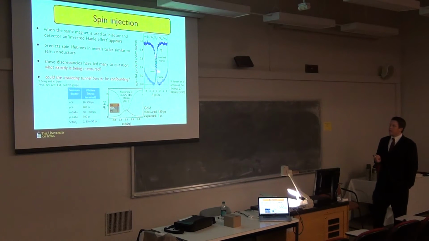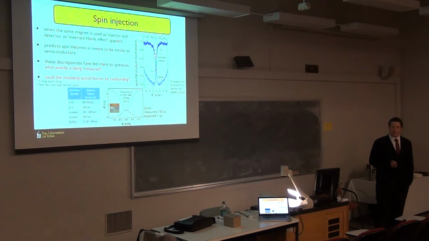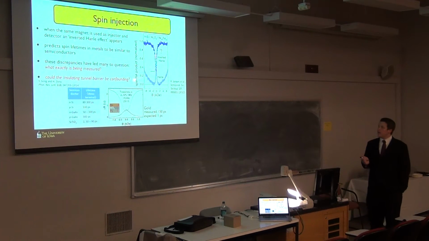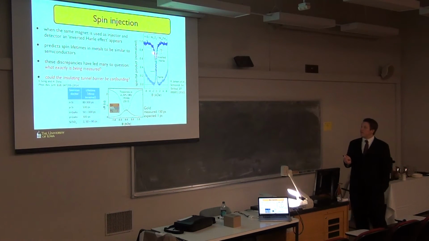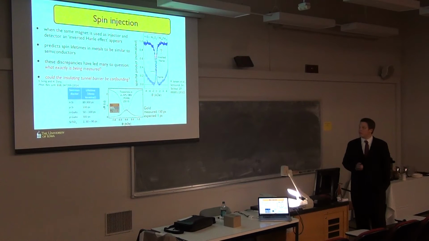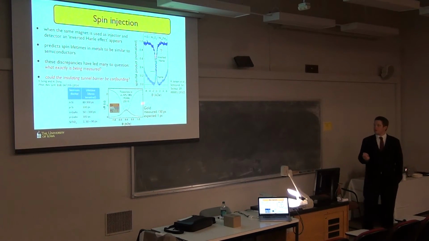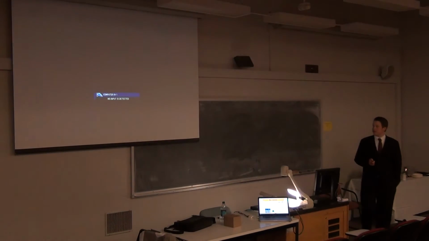Additionally, these widths correspond to spin lifetimes, spin relaxation times. And the values you get out of these fits are completely at odds with much of the theory and also much of other experimental methods. So for instance, in gold, this is permalloy with a tunneling barrier, in gold they measure 150 picoseconds for your spin lifetime, where it's known to be only 1 picosecond.